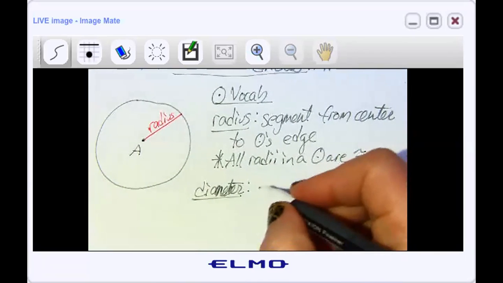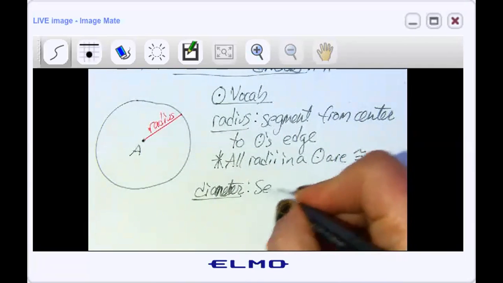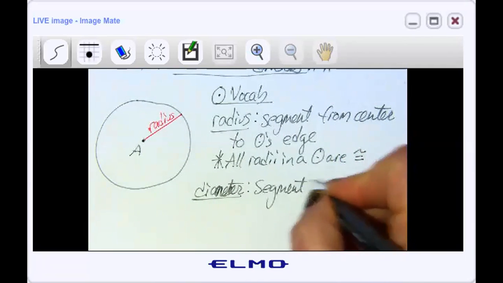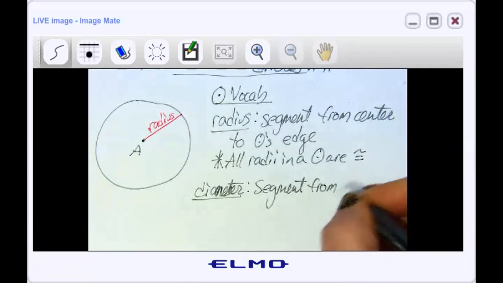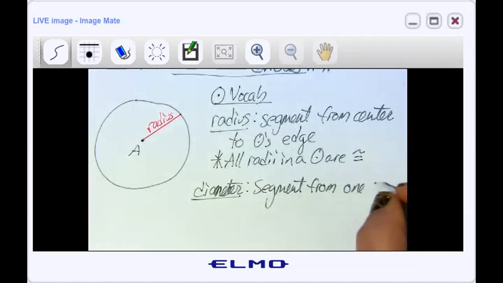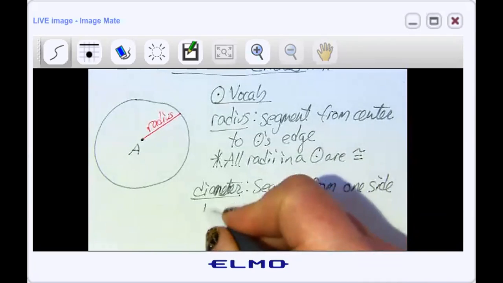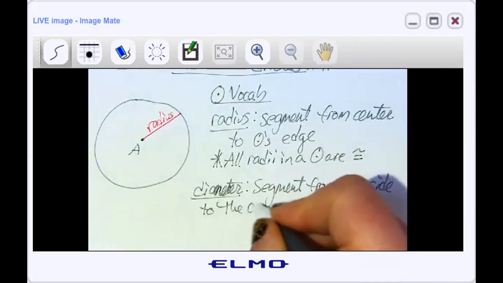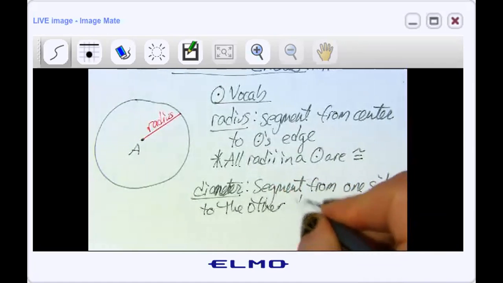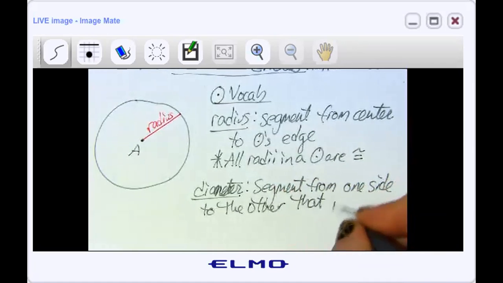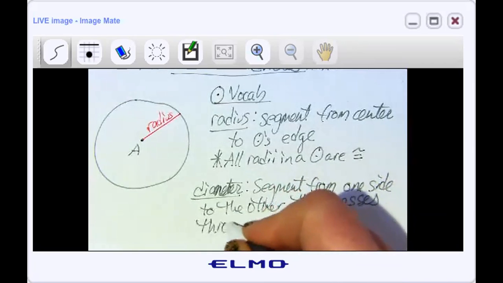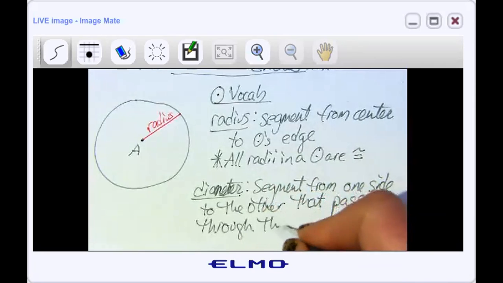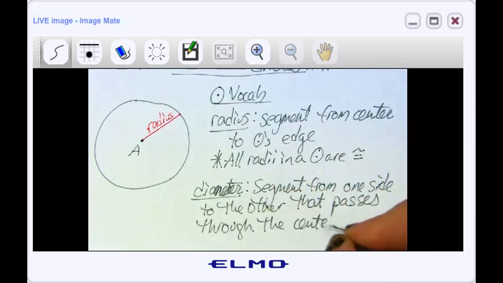All right, so a diameter is a segment from one side to the other that passes through the center. It has to pass through the center.